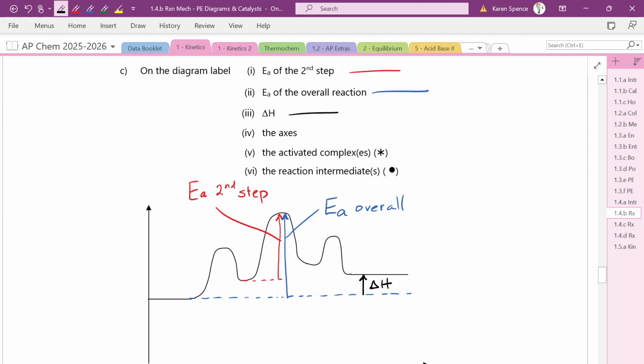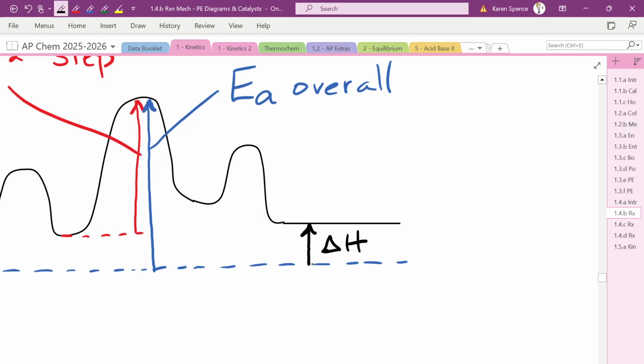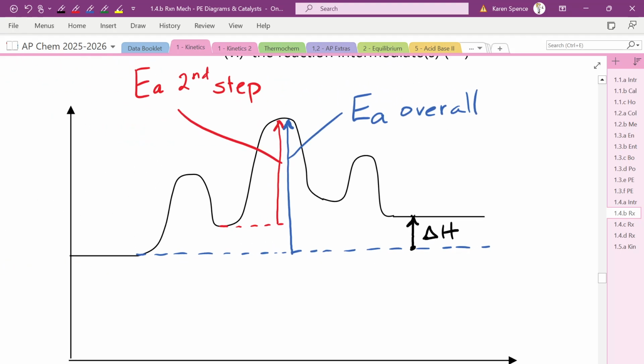Remember, when you're drawing delta H, this end should touch where the reactants start, and this should touch where the products are. It shouldn't look like this, okay, because that's just too small. And it should point in the direction that the delta H goes. So in this case, it's going up.